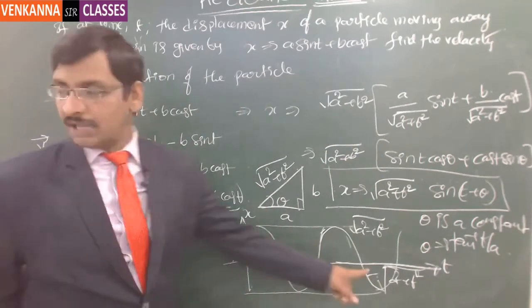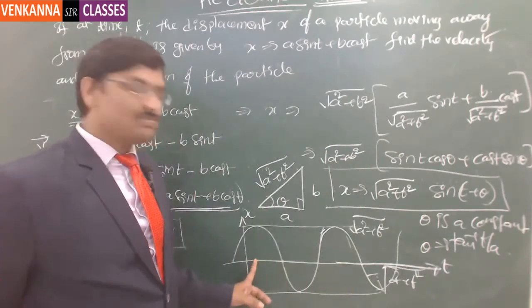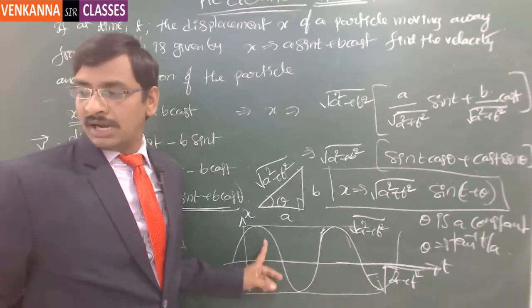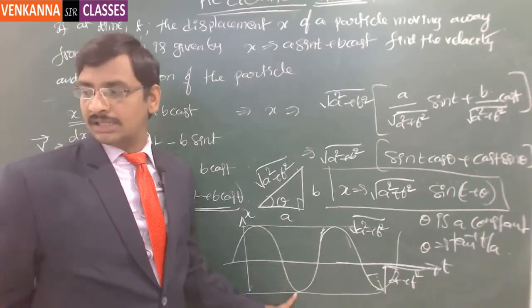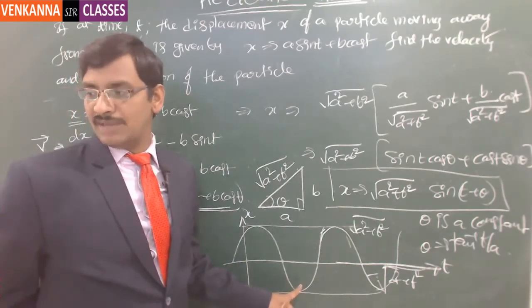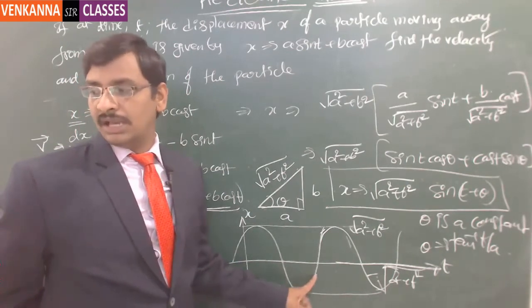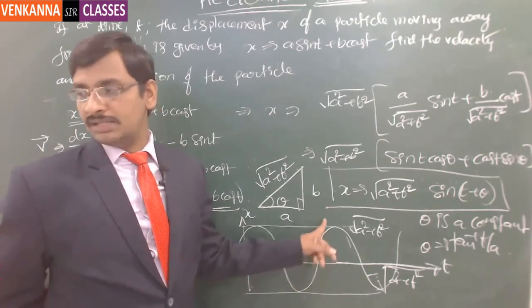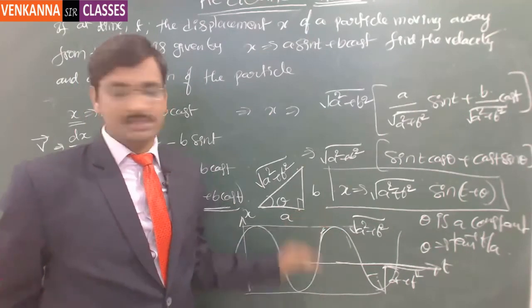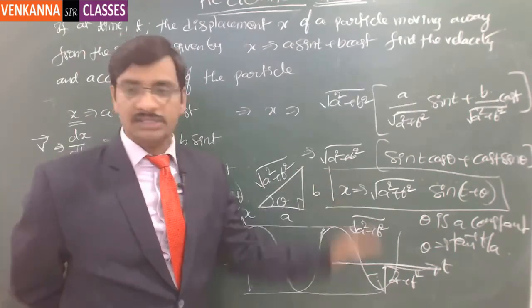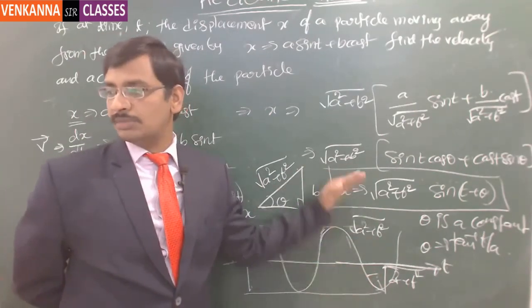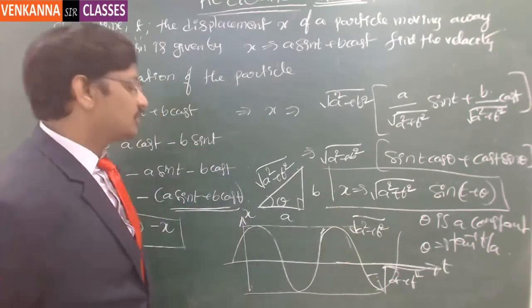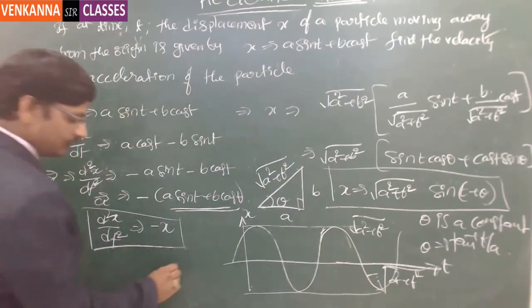The displacement values keep on increasing and coming back to 0, then decreasing in the negative direction, reaching a maximum value in the negative direction, again coming to 0 and increasing in the positive direction. Within these two limits it keeps moving from top to bottom.